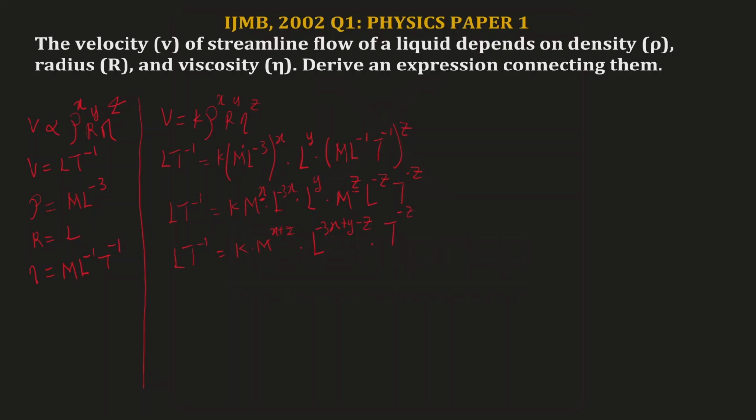Next thing we do is compare the left-hand side and the right-hand side. On the left, we have only L and T as the parameters. On the right-hand side, we have M, L, and T. So you can see that on the left-hand side, we do not have M. Whenever a parameter is missing, you give that parameter an exponent of 0. That is, we put M to the power of 0 on the left-hand side.